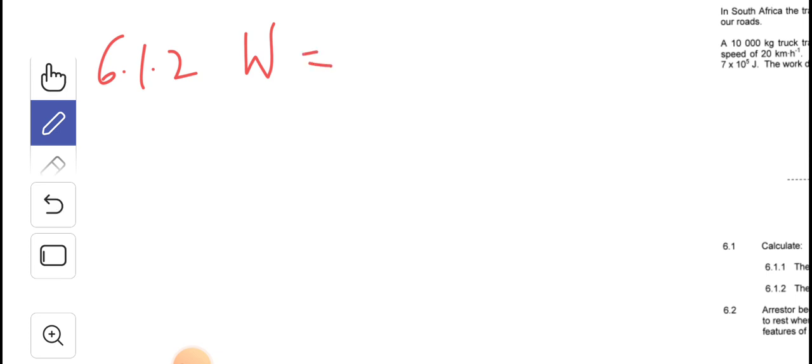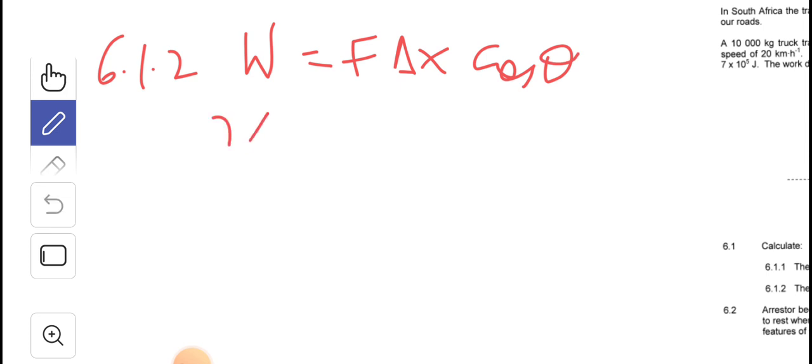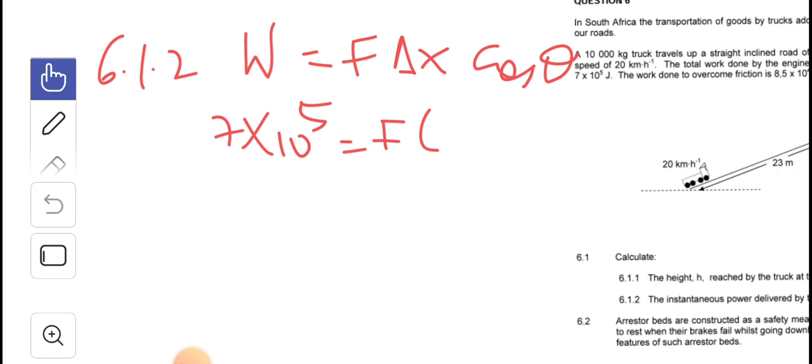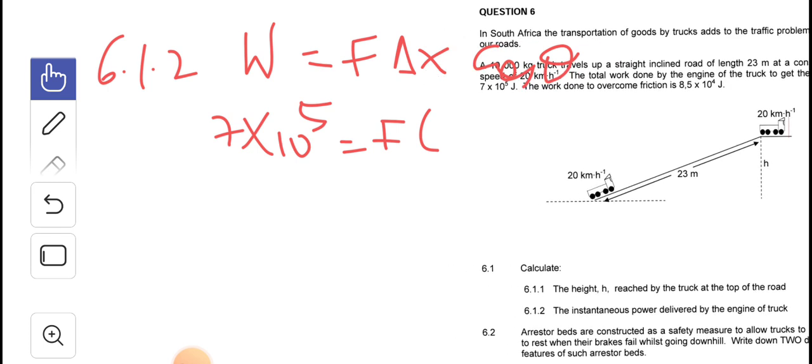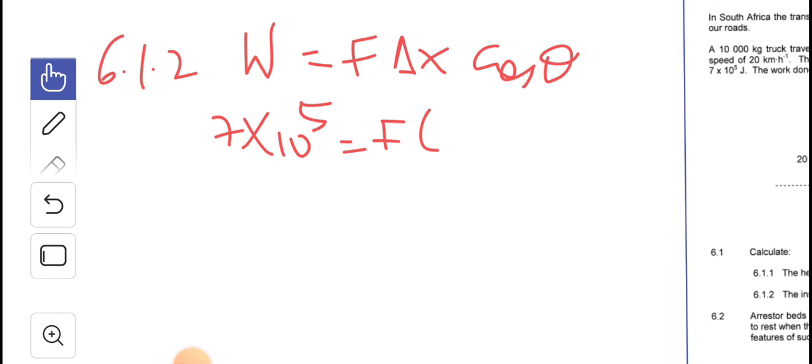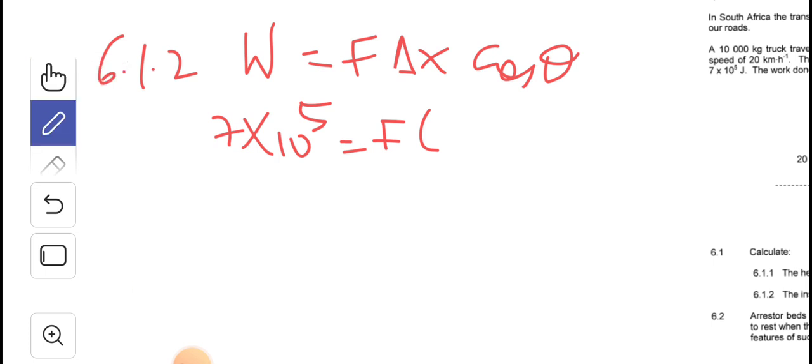So we'll say the work done would be the force by the engine of the truck, times delta x, cosine theta. Now the work done by the engine of the truck is 7 times 10 to the fifth power, equal to F times, you can clearly see in this case, the actual length of the path followed by the truck is 23 meters, times cosine of 0 degrees.